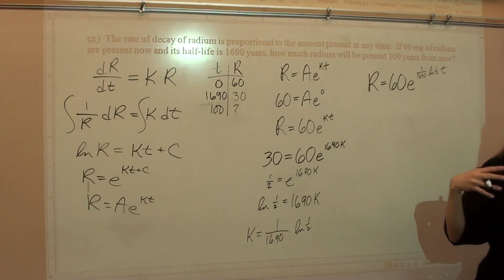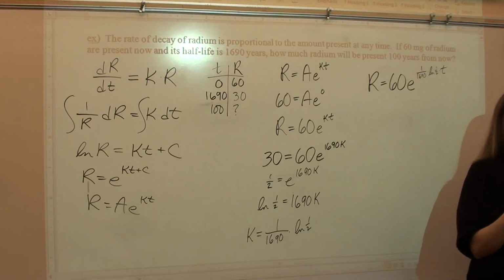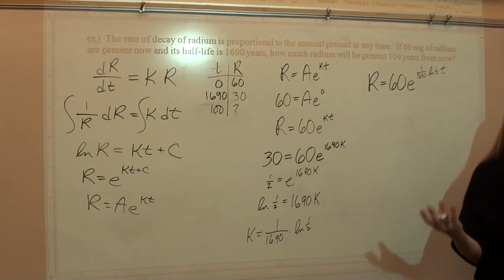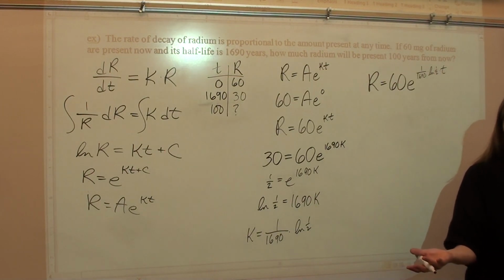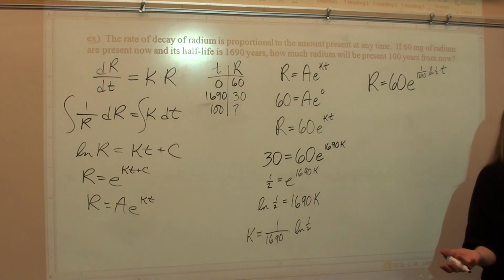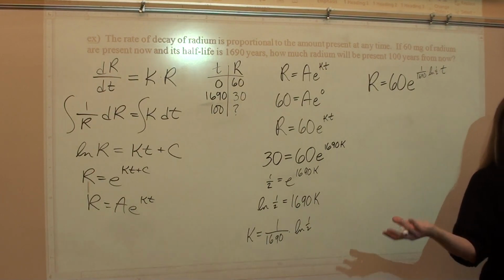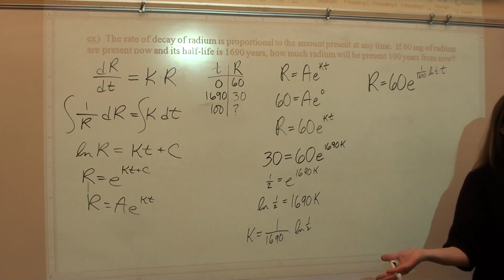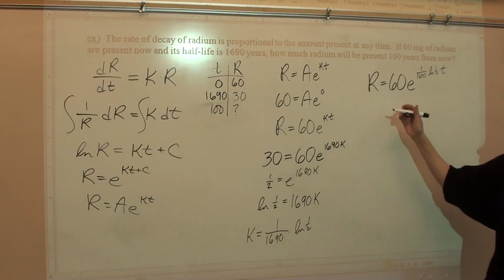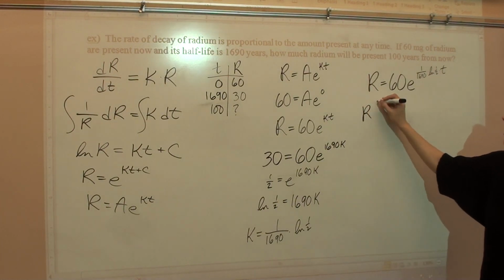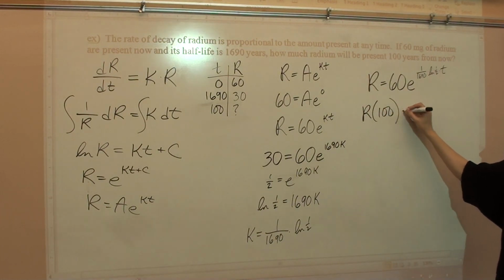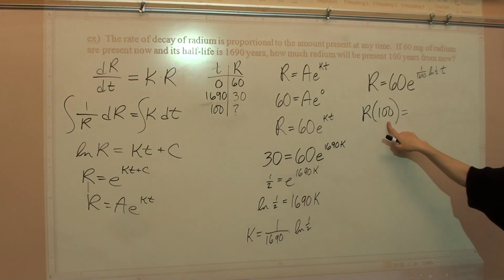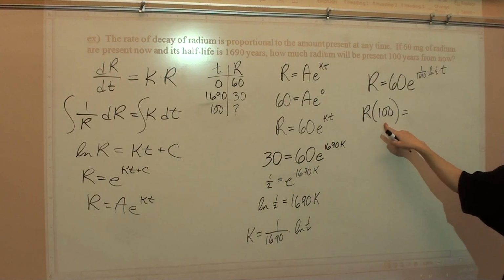If I call a function f, or f of x, those are the same thing. I said R of 100, and a lot of people thought I was doing R times 100. This is not R times 100. This is just R of 100, meaning we're going to plug 100 in.